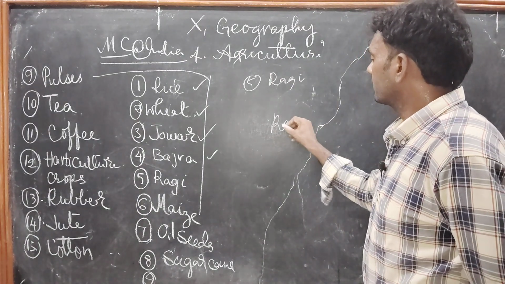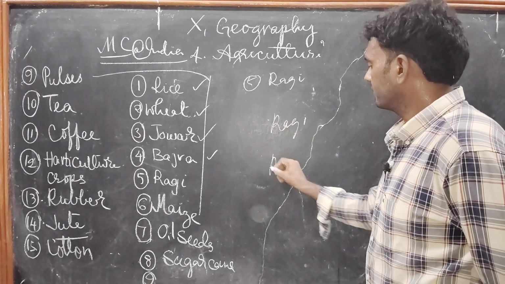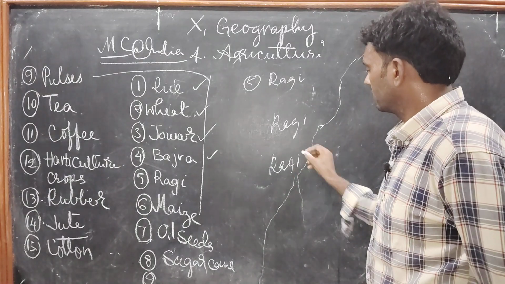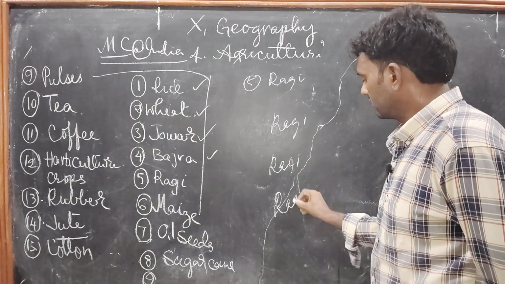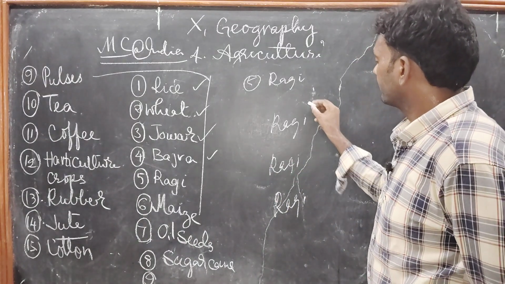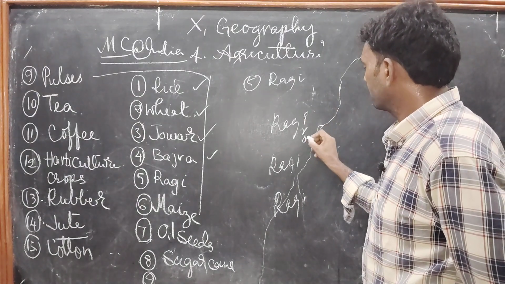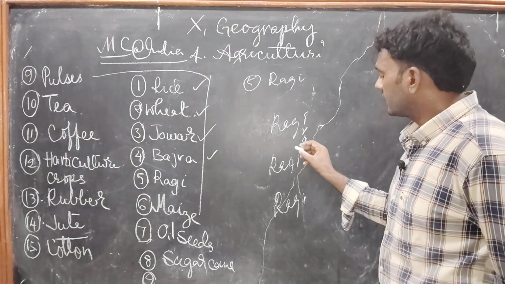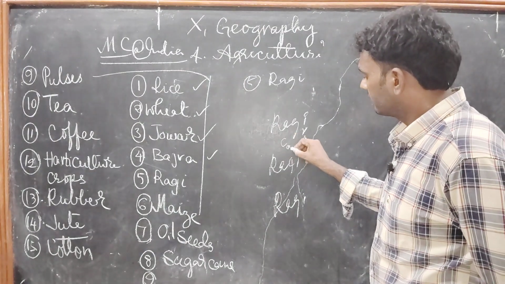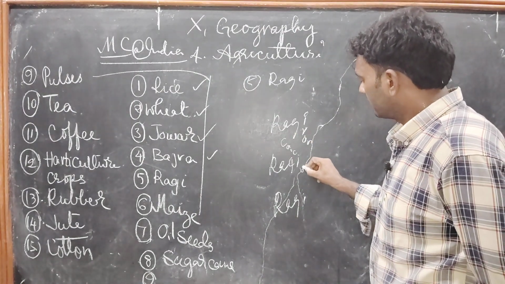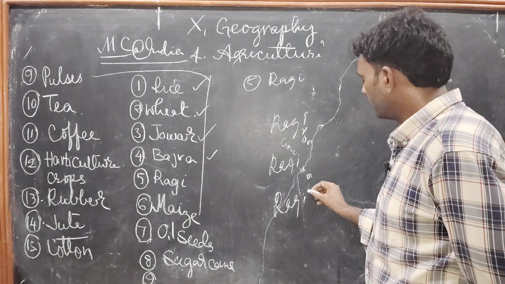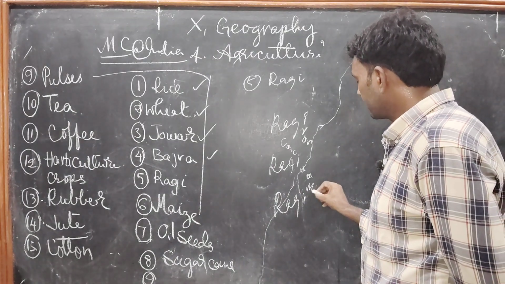See, already we discussed what is the importance of ragi. It is rich in iron, and also it is rich in calcium, and also micronutrients.